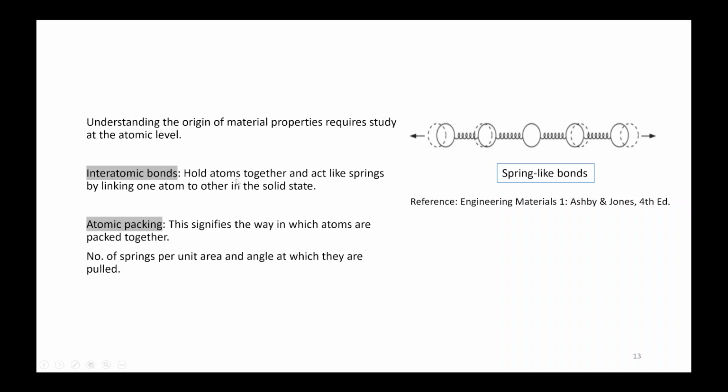These atoms are held together and they act like springs by linking one atom to another in a solid state. And atomic packing signifies the way in which atoms are packed together. Here the number of springs per unit area and the angle at which they are pulled all define the properties of materials.